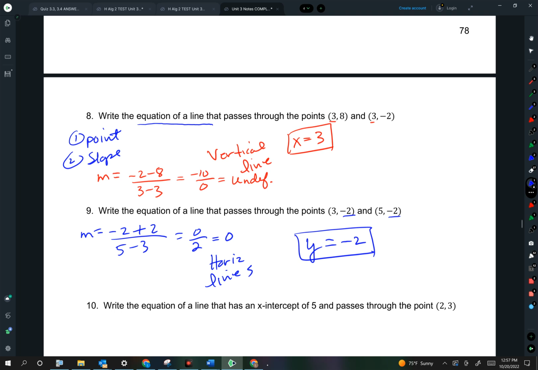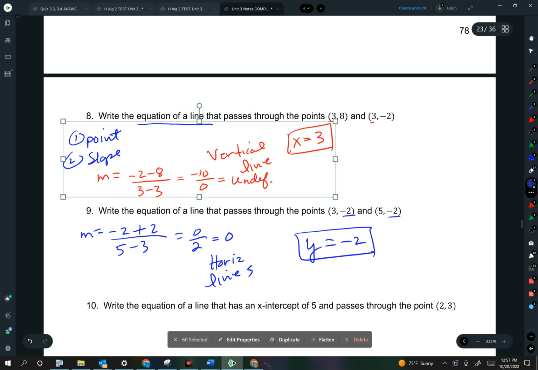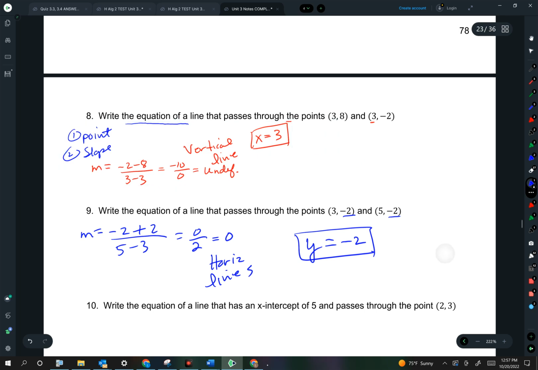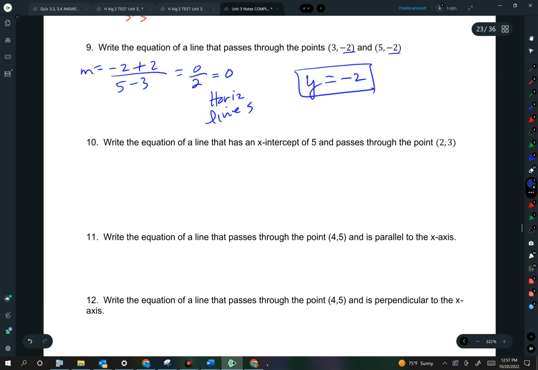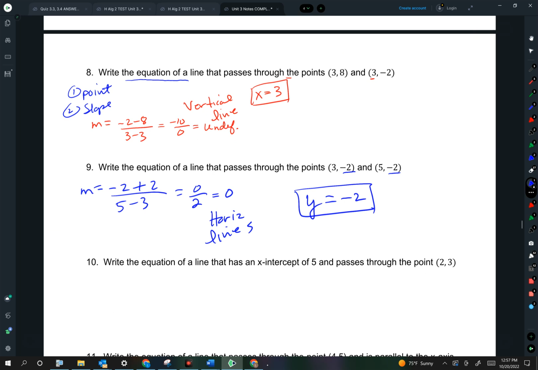And I think what we need to do here is make ourselves a little box, you know how anytime in notes you have a box, you know it's going to be important? So let's look at this a second. Anytime we have horizontal lines, I know the slope is 0, and the equation is y equals some number.